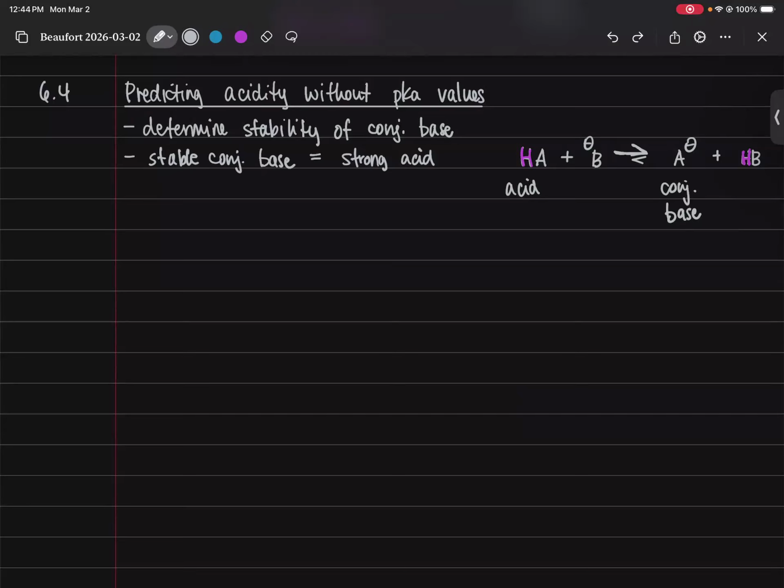Now we're going to have to look at the structure of, well, really the conjugate base to determine how stable it is. And the way we're going to sort of quantify that is with the acronym ARIO. And that is four different properties in order of priority that we'll have to analyze. So first is atom.